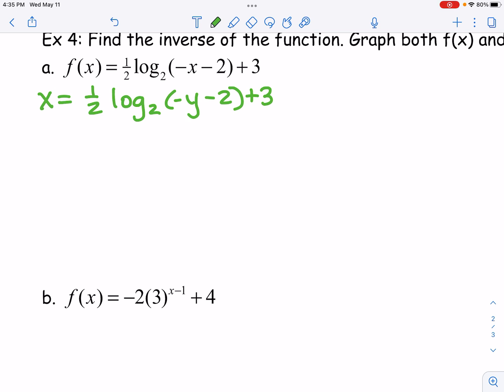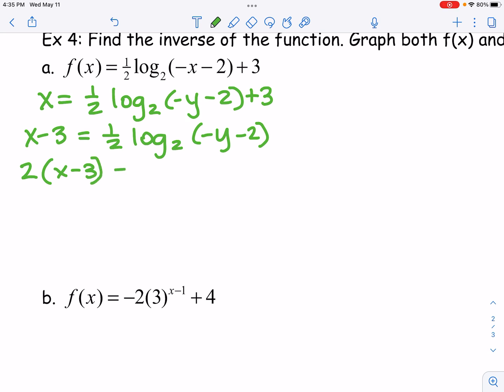So to isolate the log term, I'm actually going to subtract 3 first. And then I want to get rid of that 1/2 in the beginning. So to get rid of that 1/2, I'm going to multiply both sides by 2. You could divide by 1/2, but I think it's going to be easier to multiply both sides by 2. So now I have 2 times (x minus 3) is equal to log base 2 of (negative y minus 2).